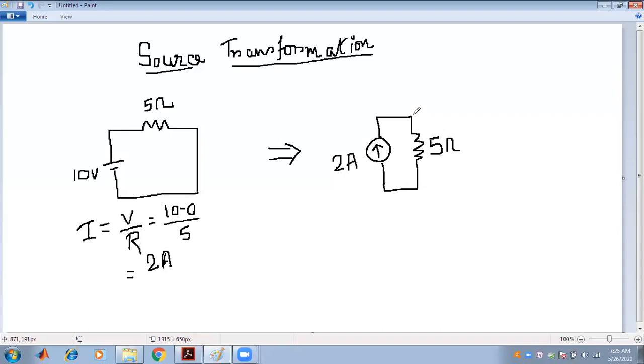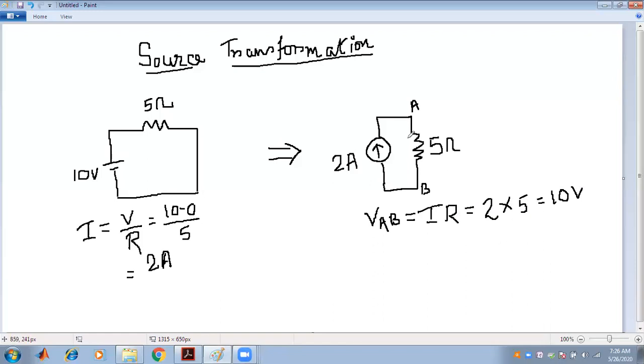Now what is the voltage across the points A and B? If I calculate the voltage V of AB, that is nothing but I into R, according to Ohm's law. So it will be 2 into 5, that is, the voltage is 10 volt.